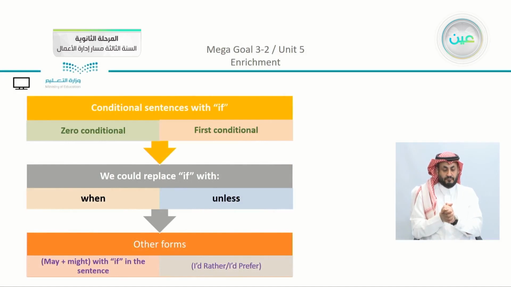Just recall, what do we have in the book? Here, you can see that we have conditional sentences with if. We took the two types: we have zero conditional and the first conditional. Now, we could replace if with, this is one point that I mentioned before. Do we have to use if? Of course not. Sometimes you can replace it using either when or unless.